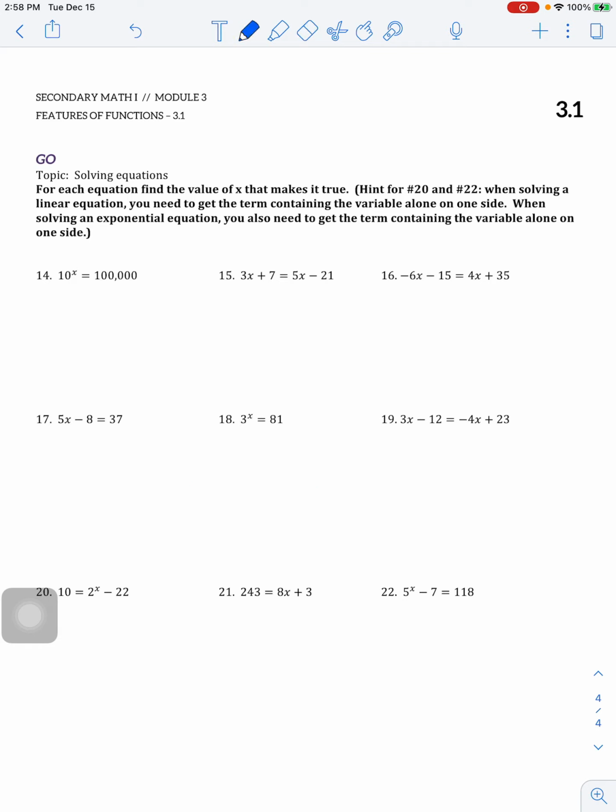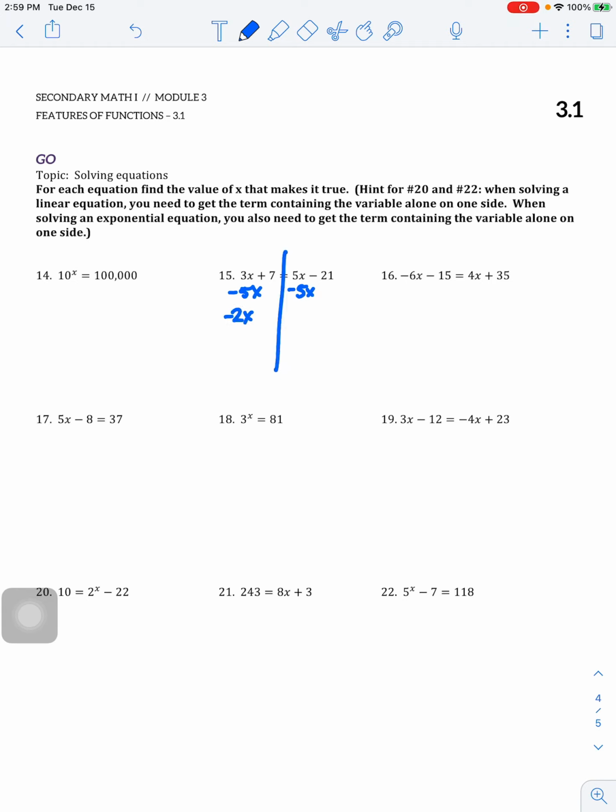And the linear ones, we're solving equations. First, you want to get x on one side and the plain numbers on the other side, and then you can isolate. So this one I need to get the 5x over here with the 3. So I'm going to subtract 5x from both sides.